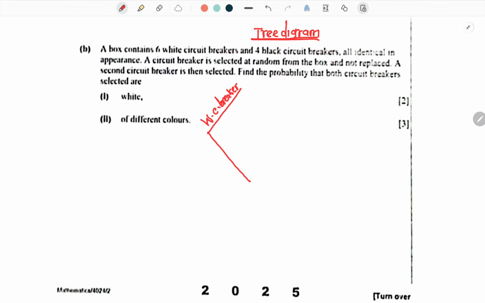Then of course this one is going to be black circuit breaker. Or if you want, you can just say white, and then this one can say black. Then from there, you construct your probabilities. Maybe it's a bit on top, so let me just take it down a bit.